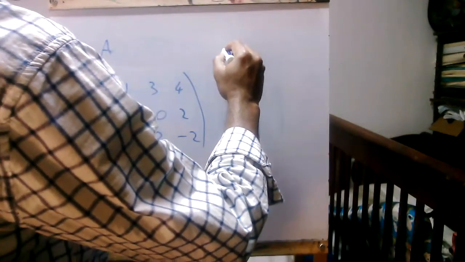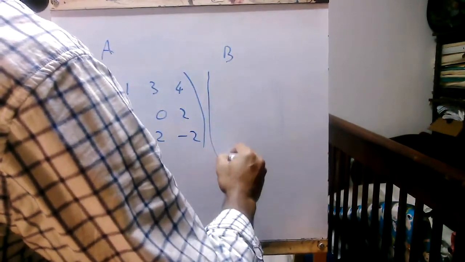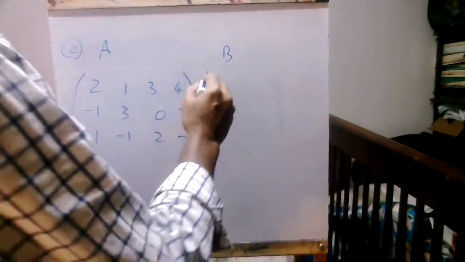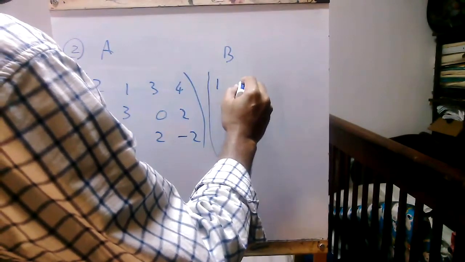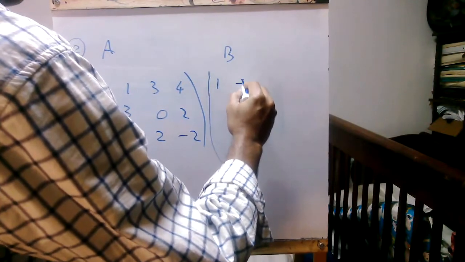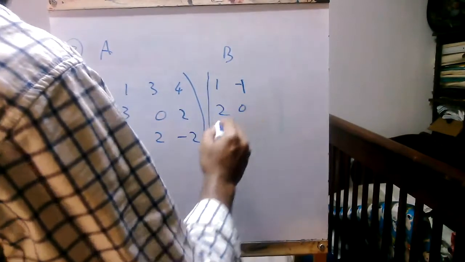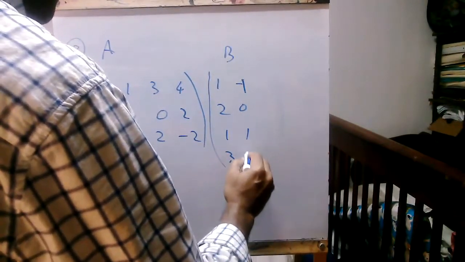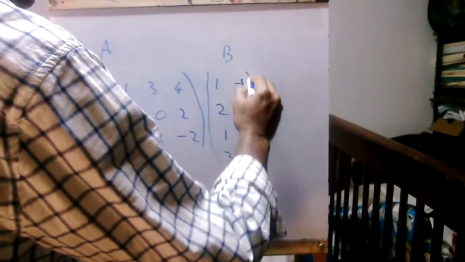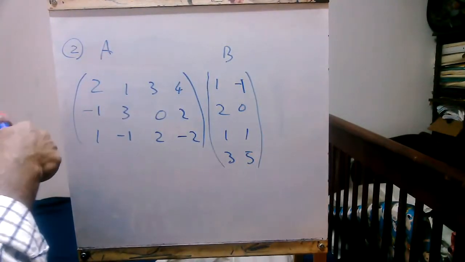B, 1, negative 1, 2, 0, 1, 1, 3, 5. First check if it is doable.